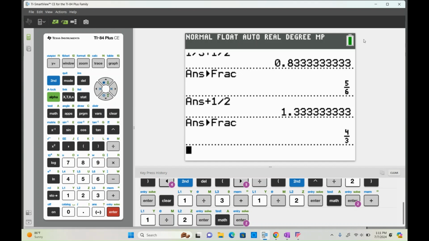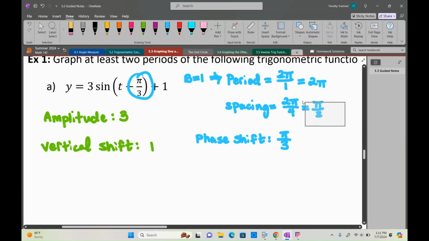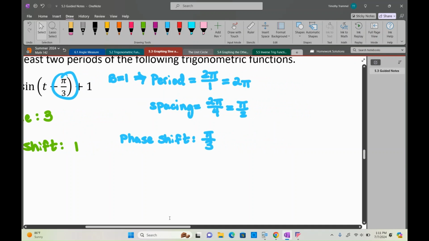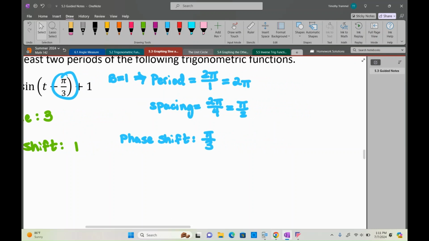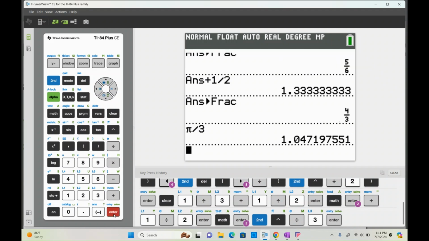But I also want to note that the number pi over 3 is a certain fraction of pi over 2. So if I want to keep this looking consistent, it might be nice to know how these two numbers compare. Let's plug in pi over 3 into the calculator so we can see it. So there it is. And we want to know what fraction this is of pi over 2.